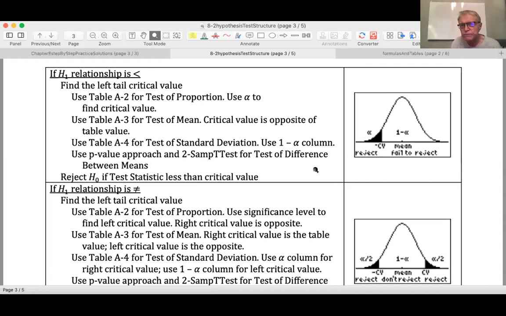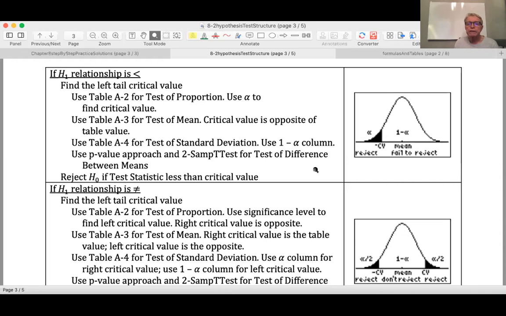Now, this video and the next one as well is going to show you the what and the why of doing these approaches to determine if the test statistic is unusual or not, or rather unlikely.